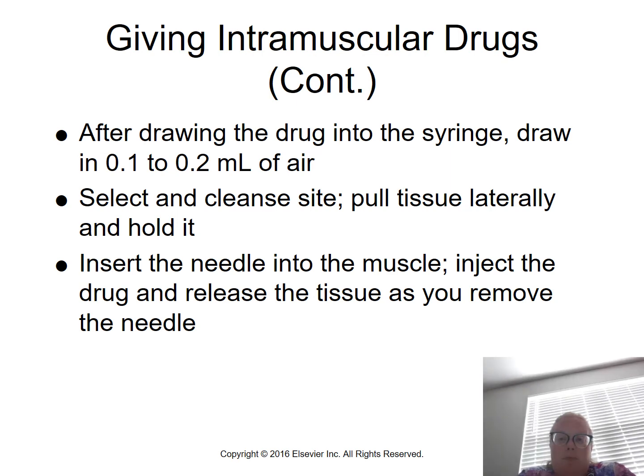So you put the drug in a syringe, select and cleanse the site, pull the tissue laterally and hold it. You insert the needle into the muscle, inject the drug, and release the tissue as you remove the needle for proper IM administration.